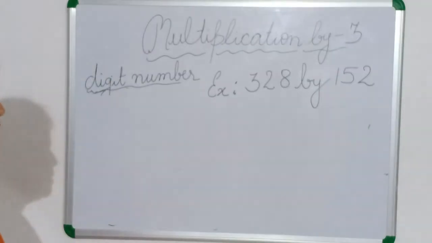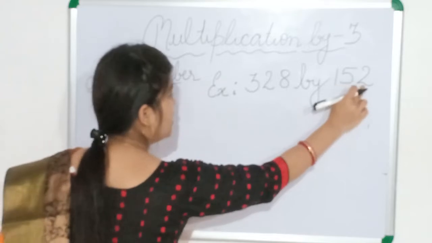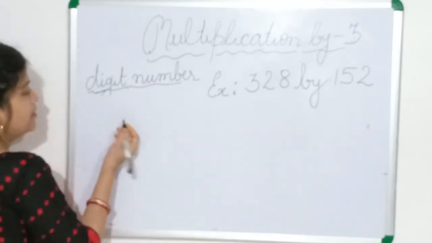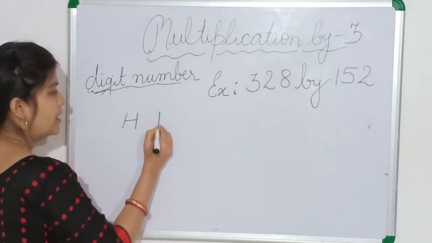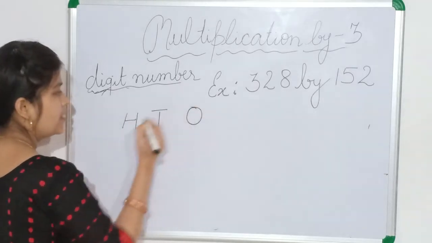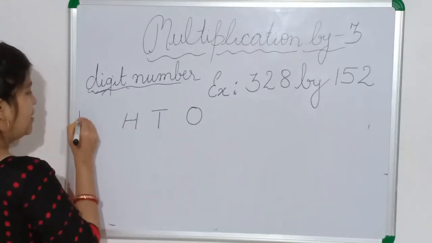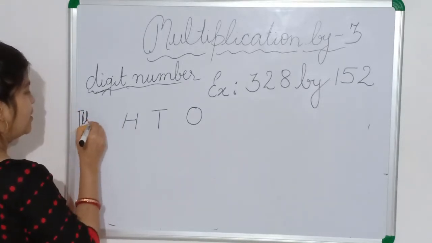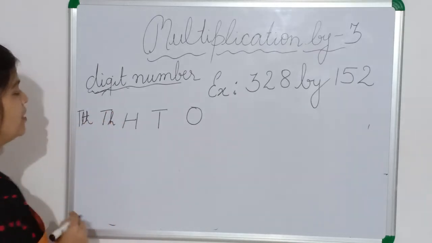First we will arrange in a place value table. Both are 3-digit numbers only. So I will write here 100, tens, ones, but the number will go to 1000 and 10,000 also. So I am putting here 10,000 and 1000 also.